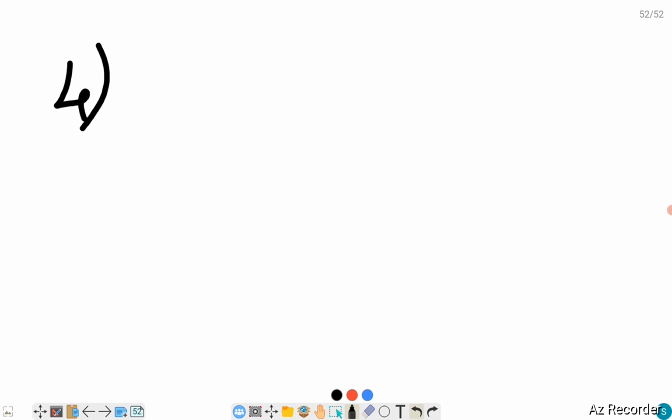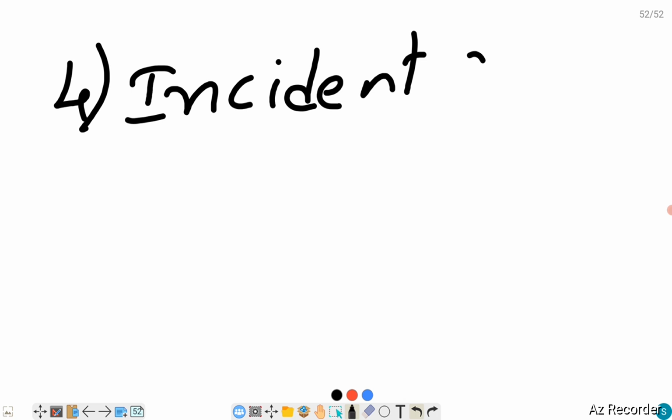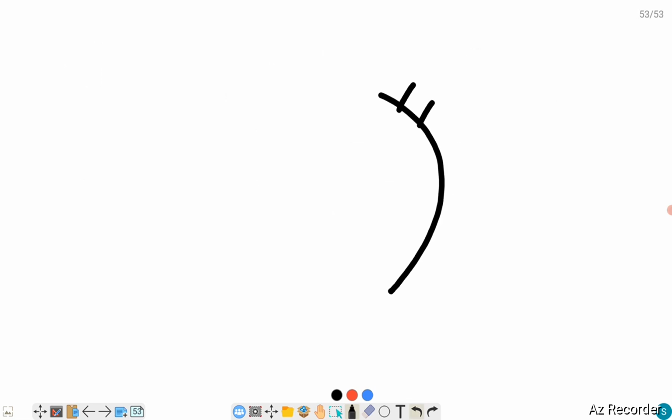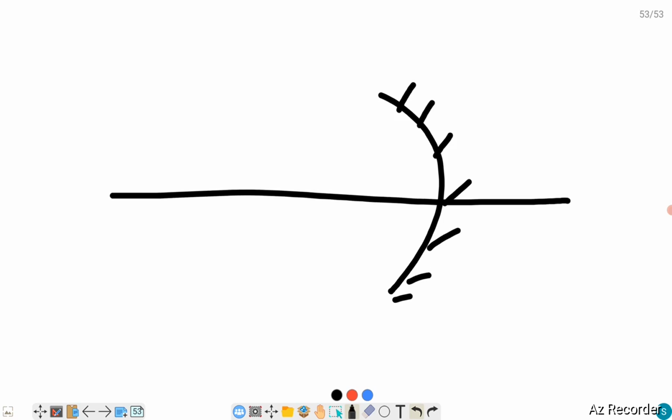Then fourth one, incident ray at pole. When you have an incident ray incident at the pole of the concave mirror. Principal axis, then pole, focus and center. Now see here, the light ray is incident on the pole here.